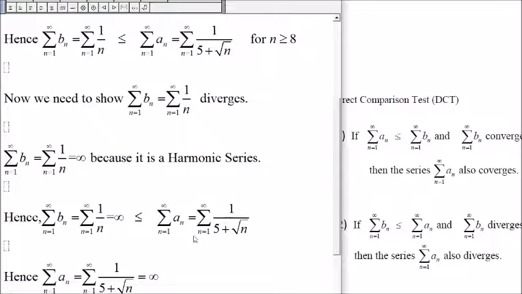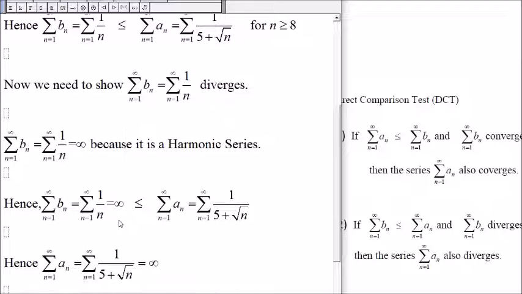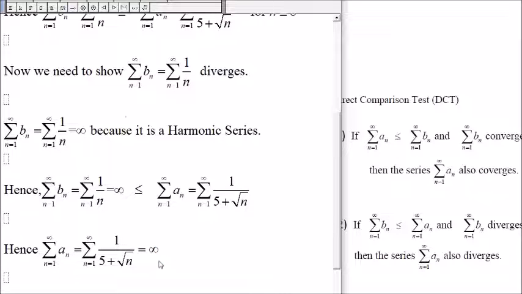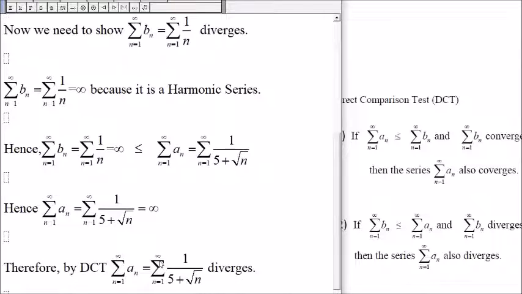So what this says is that the series a sub n is greater than or equal to infinity. And we know we cannot be greater than infinity, and so that means that the series a sub n must be infinity. And therefore, by the comparison test, we have shown that the series a sub n diverges.